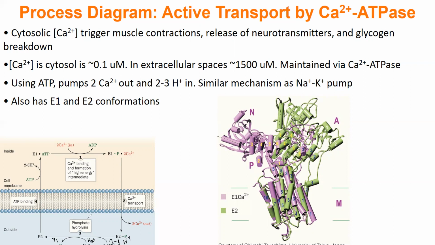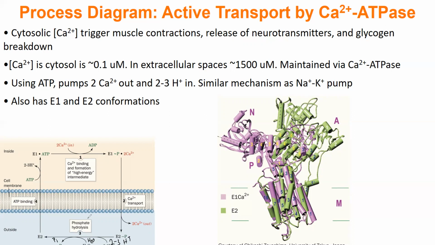And the difference in calcium between the cell and the outside, the extracellular space, is huge, right? So listed there, calcium inside the cell, 0.1 micromolar. Outside, 1,500. And so if you had a pump, those two levels would equilibrate super fast, and you would have all these different reactions happening.